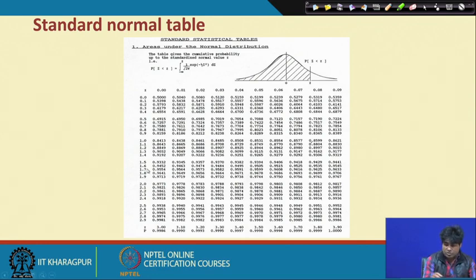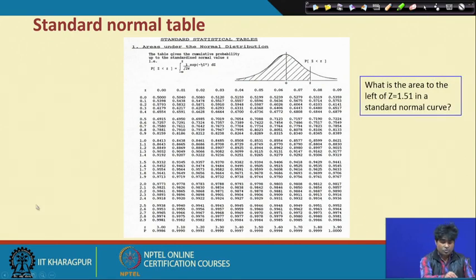So the target 1.96 means 1.9 and 6, so you come to this side here. That is technically 0.975, and if you go to the previous slides you can see the structure.